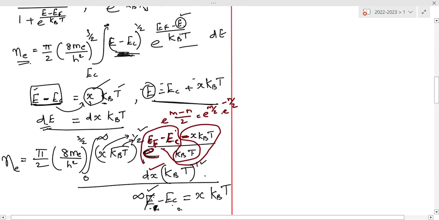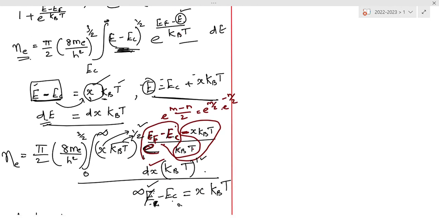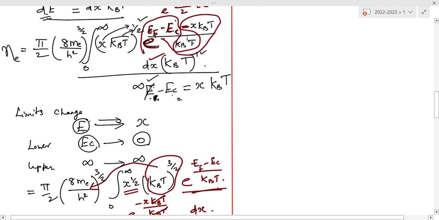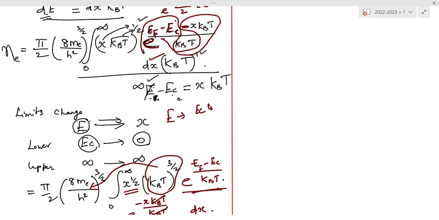Then substituting E minus EC is equal to x kBT, and then rearranging, E is equal to EC plus x kBT. Differentiating E with respect to x, we get dE is equal to kBT dx. Then substituting all these values in the above equation, changing the limits, that is for E the limit is EC to infinity, when it becomes x, it is 0 to infinity.